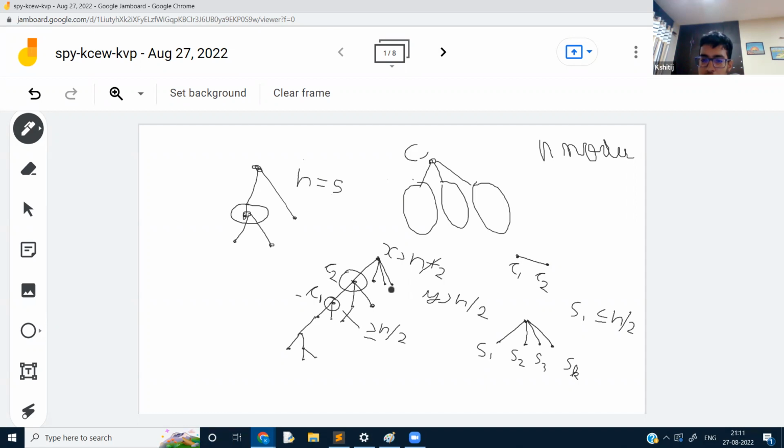Now a node which is not a direct child of this can never be the centroid, since there are at most n by 2 minus 1 nodes in its subtree. Like a direct child of this will have at most n by 2 minus 1, where the minus 1 is for this node, in its subtree. And hence greater than n by 2 plus 1 nodes outside it. This contradicts the definition of centroid. So now we have to consider the k nodes over here. This is for the proof that there cannot be more than 2 centroids.